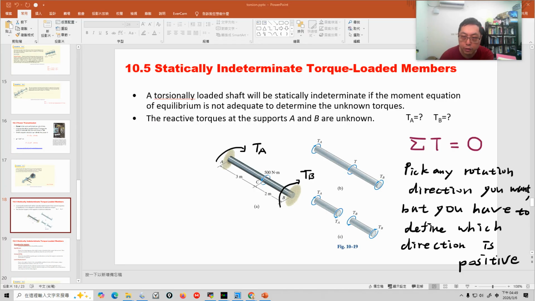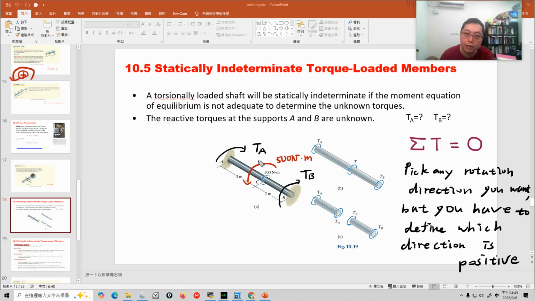And then let's make a definition: I define this direction as positive, like this 500 here.